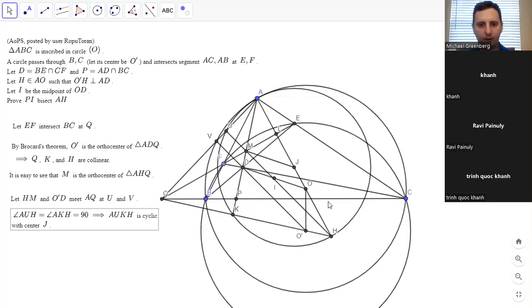Well, it's going to be AJ over AO. But we also know it's equal to AM over AD. So that means MJ is parallel to DO.